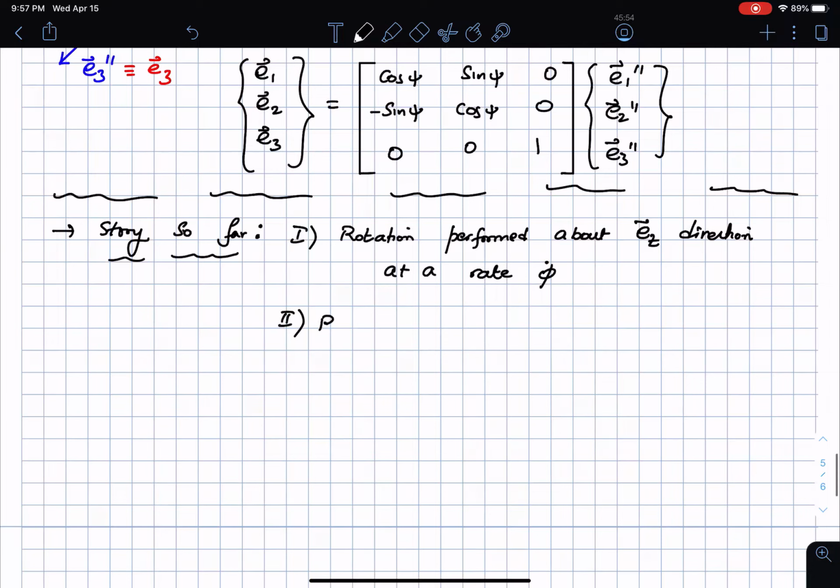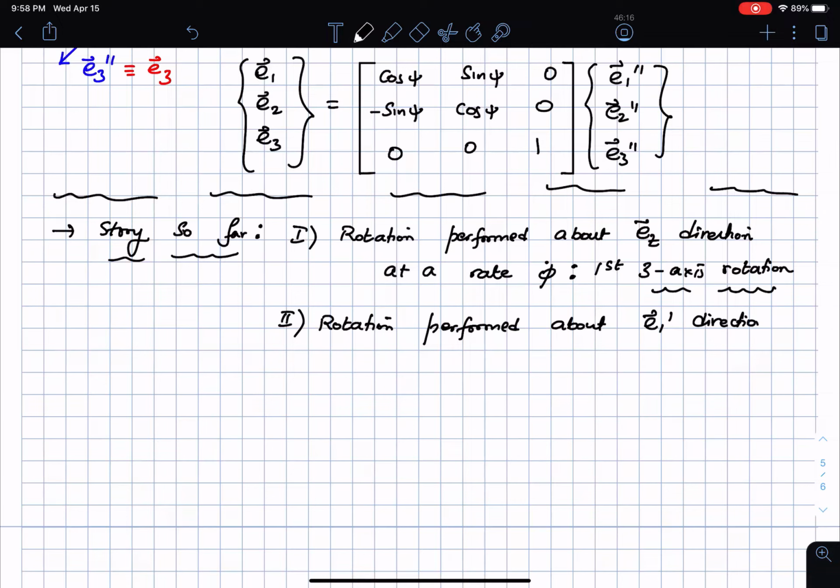This is called the first 3-axis rotation. Okay, then the rotation performed about E1 prime direction at a rate of theta dot. This is the second rotation. This is the first rotation.